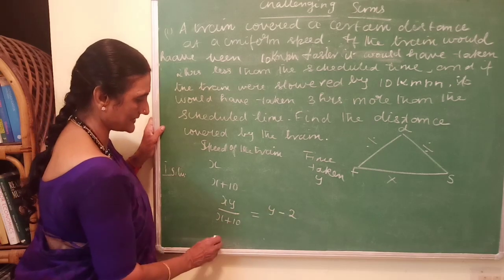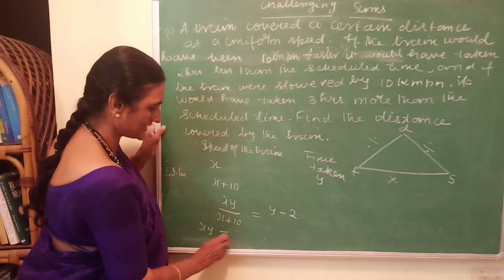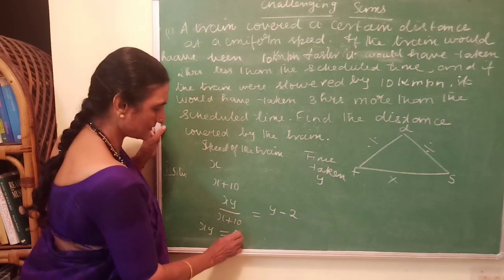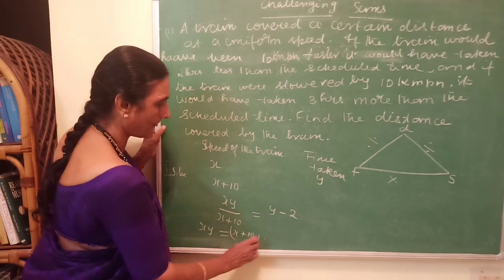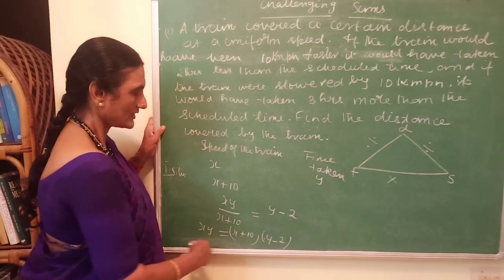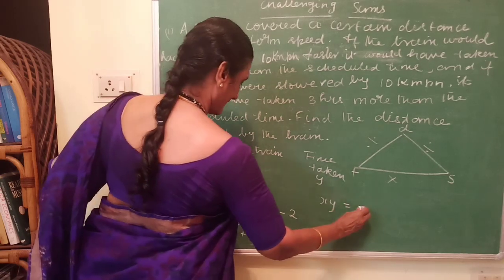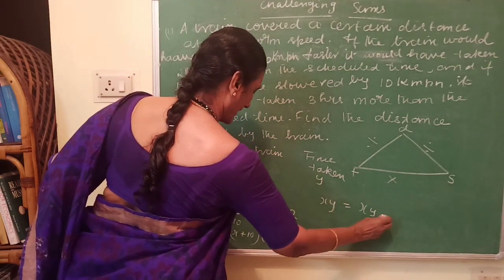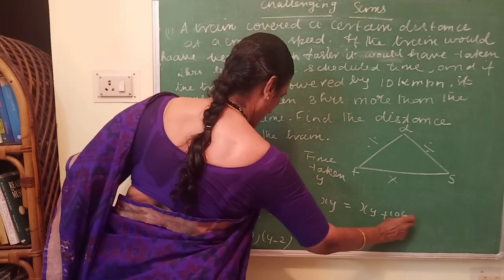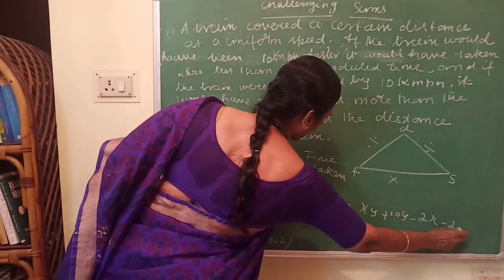Therefore, cross multiplying, you will get xy is equal to x plus 10 into y minus 2. Alright? So if you proceed further, you will get xy plus 10y minus 2x minus 20.